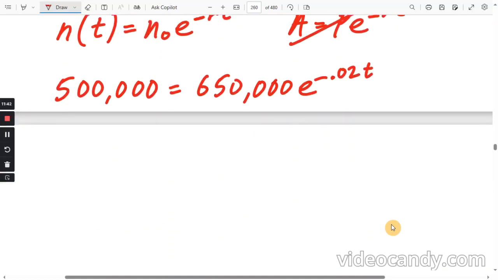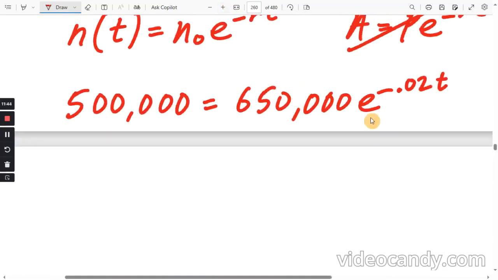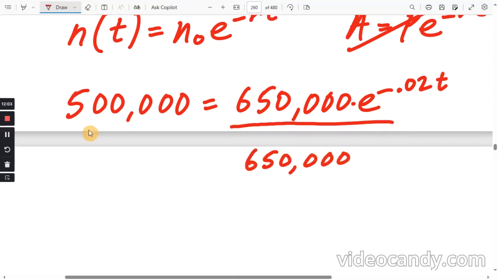All right, so again, we are trying to isolate this exponent here. And this exponent is only applied to the e. It's not applied to the 650,000. All right, so we want to get rid of that. The opposite of times 650,000 is divided by 650,000.